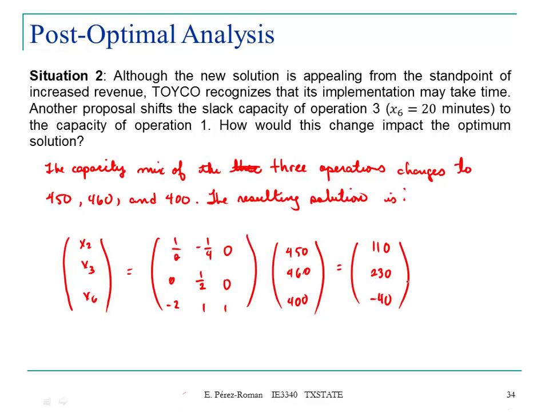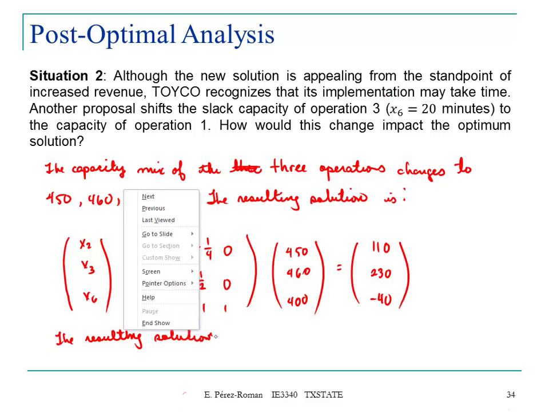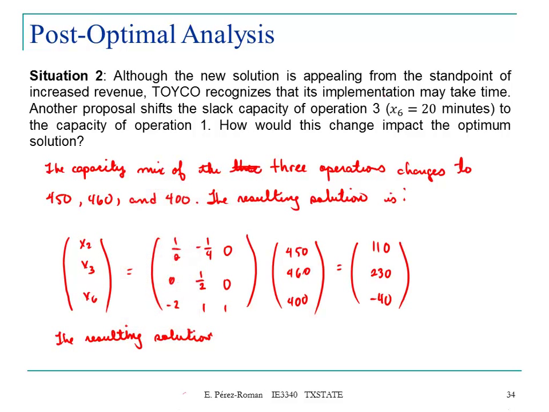So the resulting solution is infeasible because x6 is less than 0.